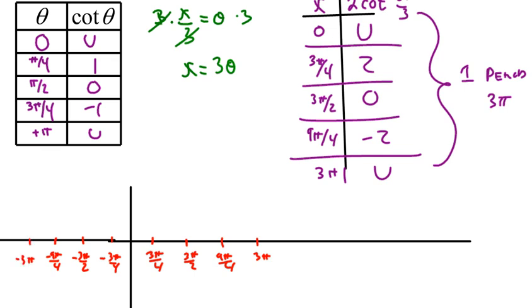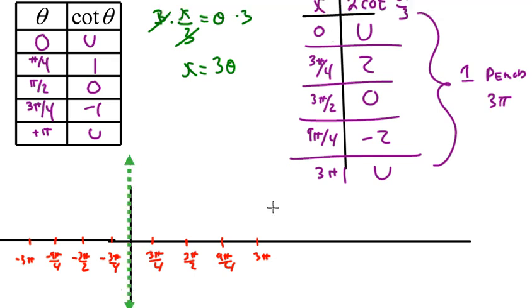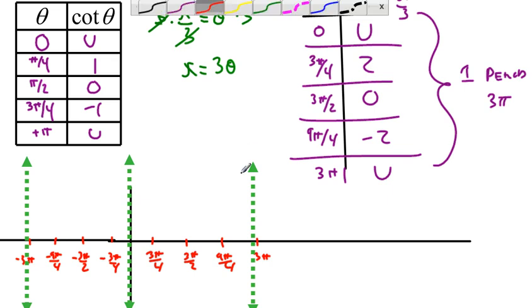Okay, let's put in our asymptotes. We have them at 0 and 3 pi, which means we would have one right here at -3 pi. Next, let's plot.